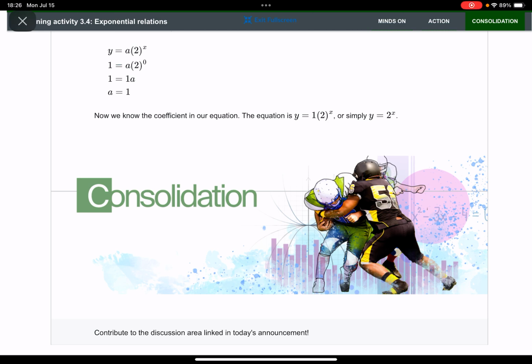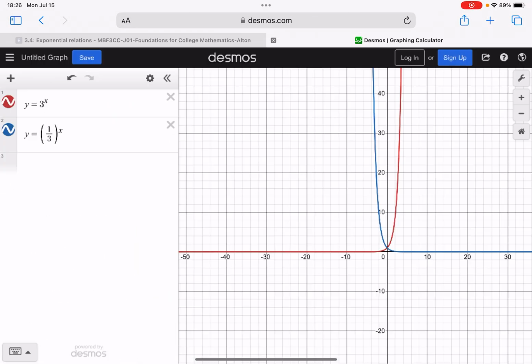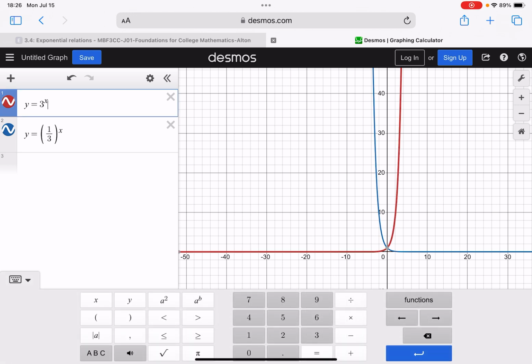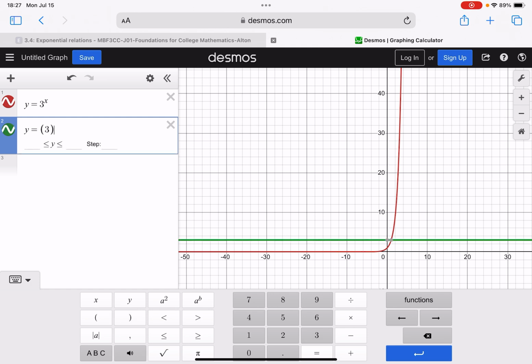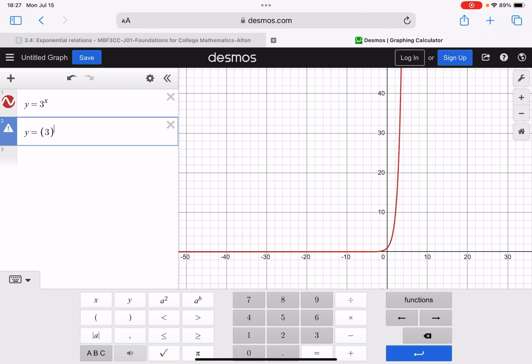Okay. So for the consolidation piece, all you need to do is contribute to the discussion area linked in today's announcement. If you want to sub in any points to your function, for example, if you wanted to see what the output is, let's say for y equals 3 to the power of x, you don't have to retype it. You can either leave the graph there or just plug some numbers in. I'm just doing 3 to the power of and whatever value you like.